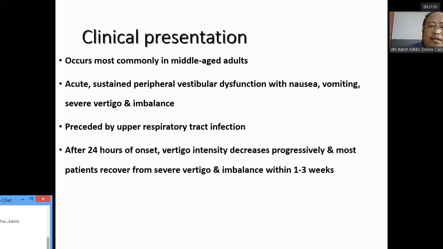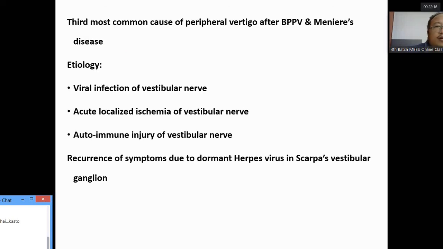Acute labyrinthitis and vestibular neuritis are severe dysfunctions with nausea, vomiting and vertigo. The majority of cases are preceded by upper respiratory infections, and imbalance may go up to 3-4 weeks, and it is taken as the third common cause after BPPV and Meniere's disease.